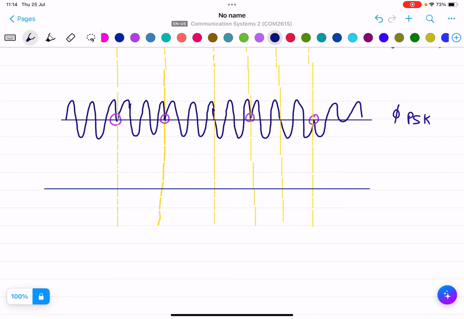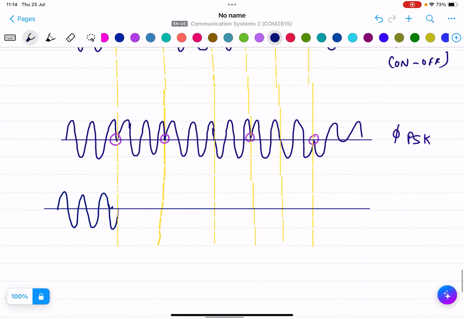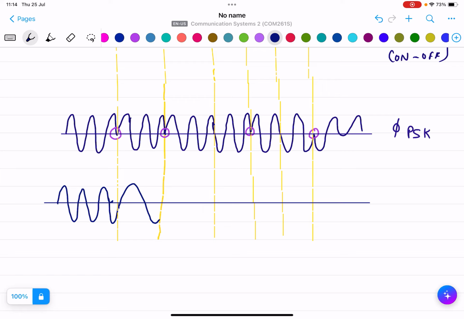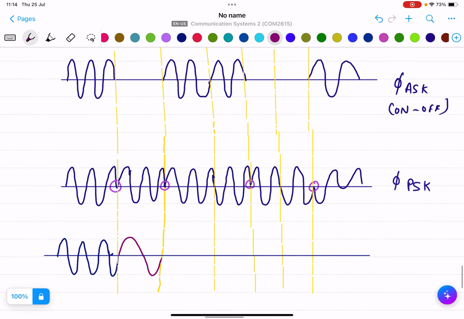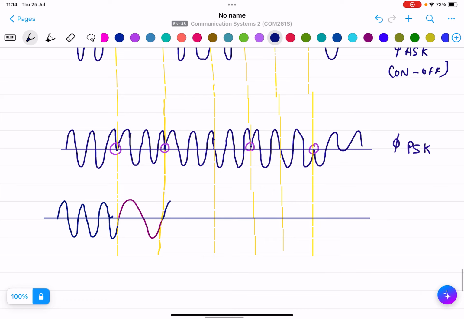What will happen, wherever there is 1, the high frequency will pass. So the first one is 1, so I will pass the high frequency like this, and then there is 0, that means low frequency. Let us show the low frequency with another pen. It is low frequency, and then again 1 and 1. 1 and 1 means it's a high frequency.